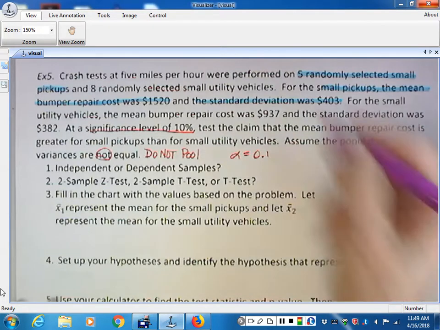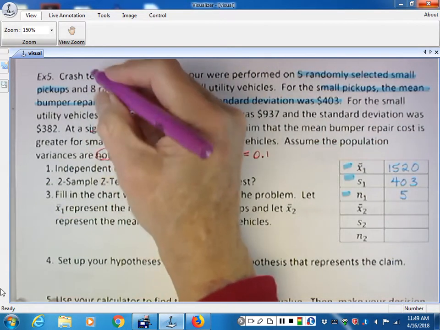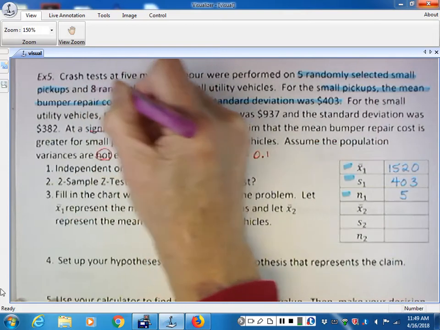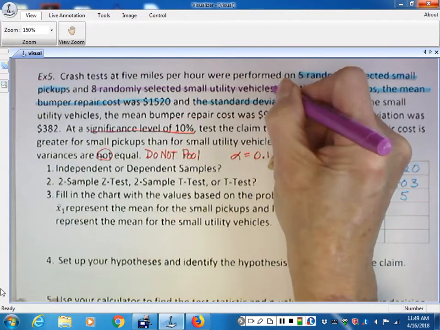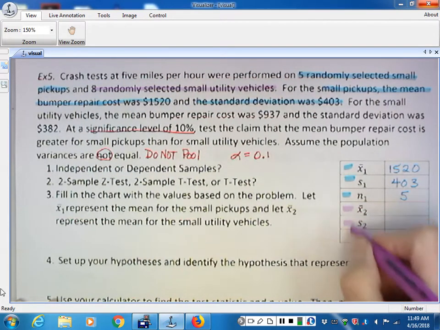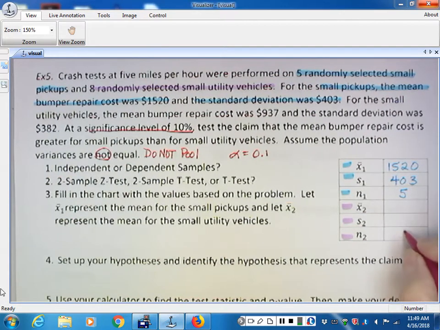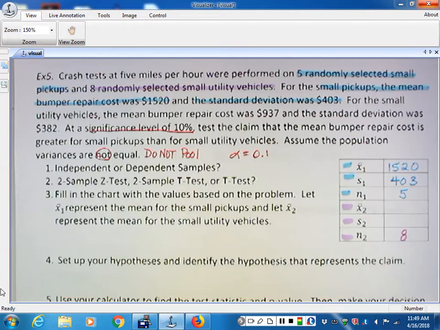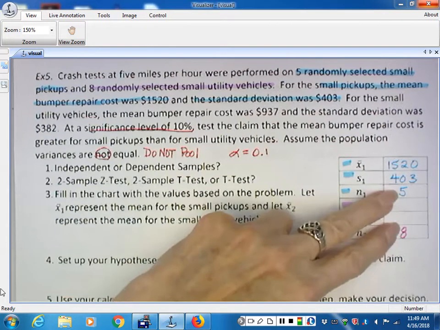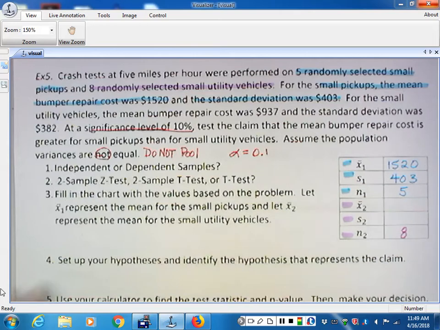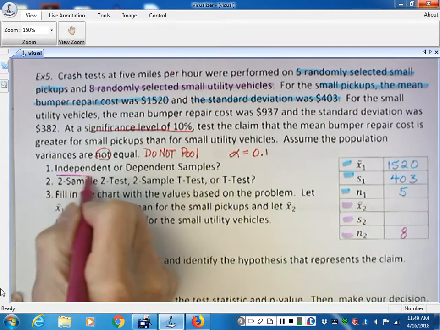And then it also says that we're testing 8 randomly selected small utility vehicles. So they're going to be group 2. And immediately, one of the things that you need to understand is as soon as you know your 2 sample sizes are different, you know that's going to be an independent sample.